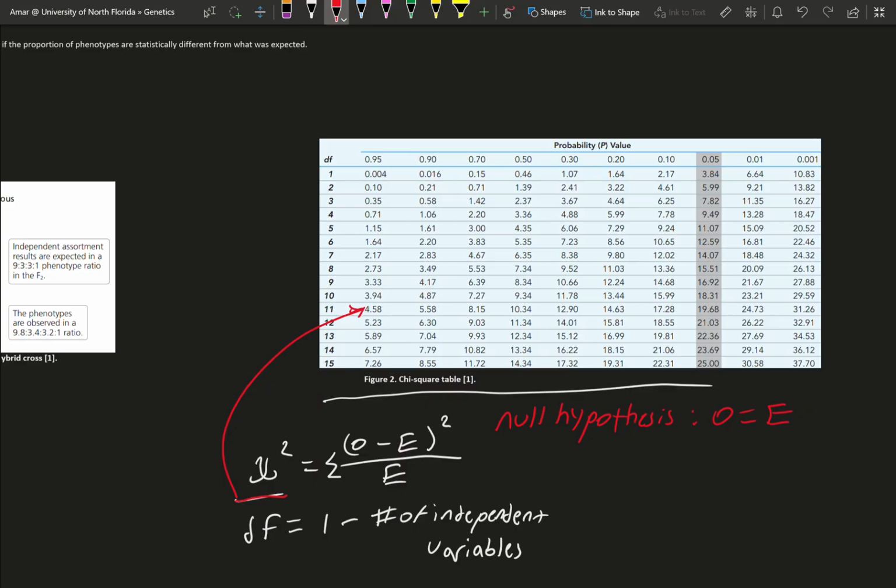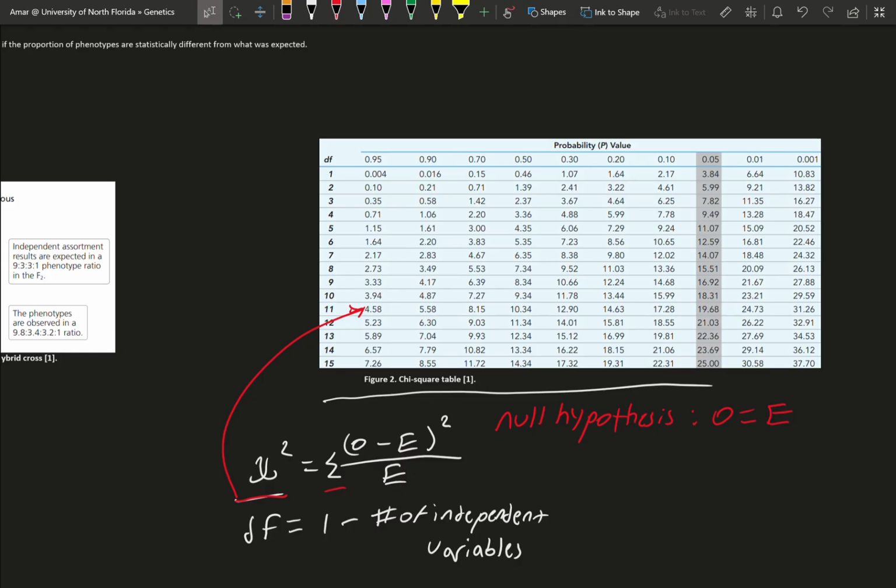In this equation we have a sigma notation, which means that every time you have an independent variable, you're going to add them together. And then the observed minus expected is just the observed amount of something that you've been given minus the expected amount.